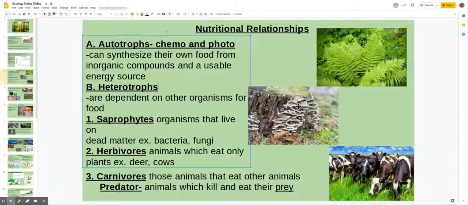They can either be living on an organism like this shelf fungus here. It could consume it as a predator. There are lots of different types of heterotrophs, and 3 different varieties are included here. All of these, 1, 2, and 3, are heterotrophs.